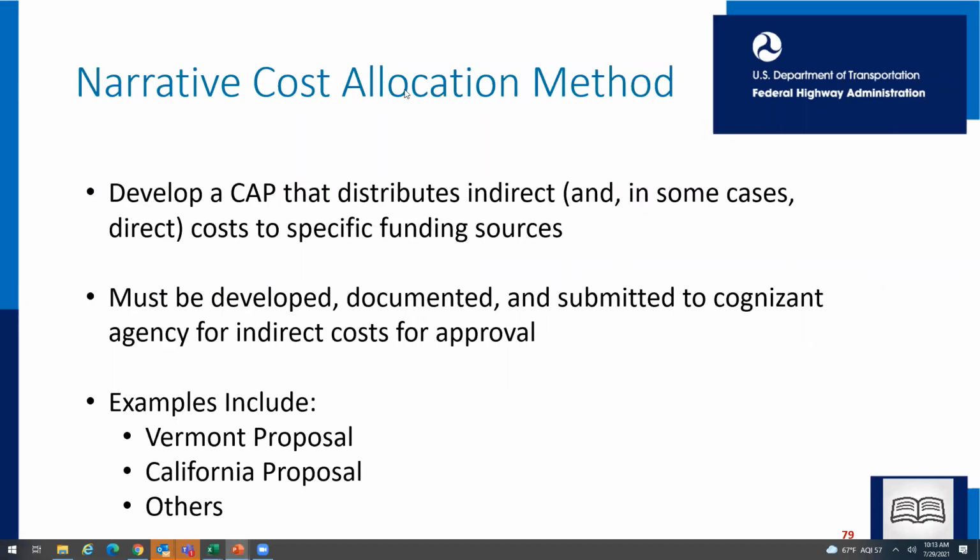So a narrative cost allocation method, and this one is similar to, Eric talked yesterday about special rates, where if you develop an indirect cost allocation plan, that is going to be for your entire program. But then there are things that happen. There are special circumstances. There might be a major project. There could be an ER event.